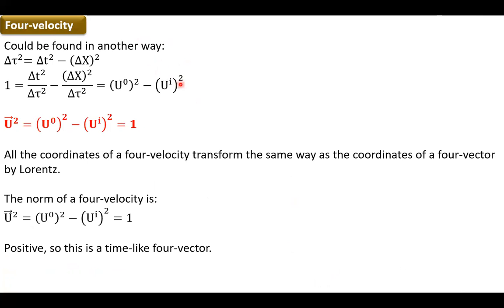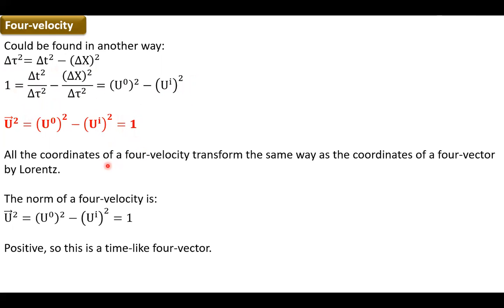You can find this result in another way by just using the proper time, delta tau squared, which is equal to delta t squared minus delta x squared. If you divide by delta tau squared, you will get 1, which is equal to delta t squared over delta tau squared, which is u0 squared, minus delta x squared over delta t squared, which is ui squared. So you find the same relation again, which is equal to 1.